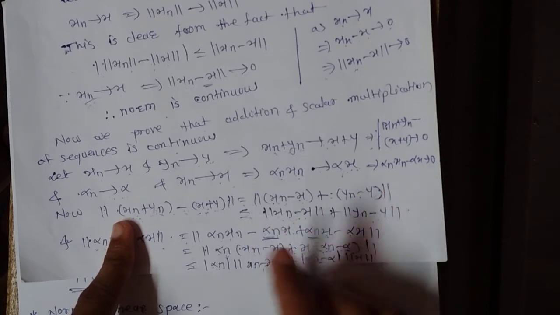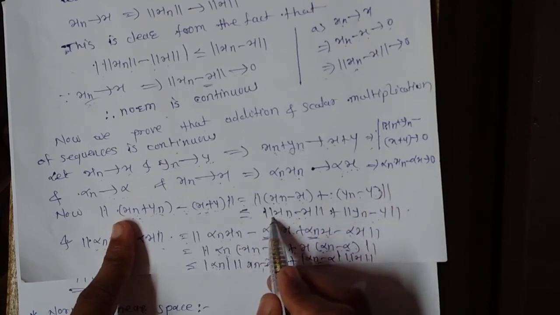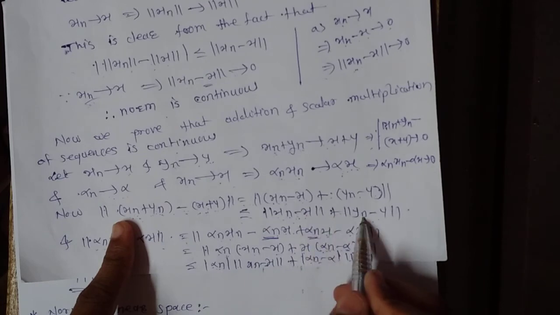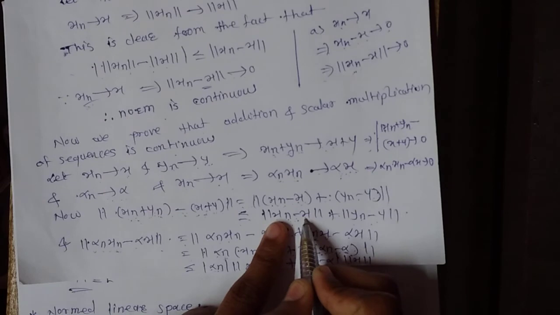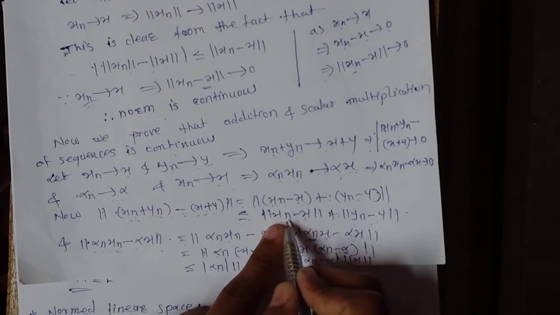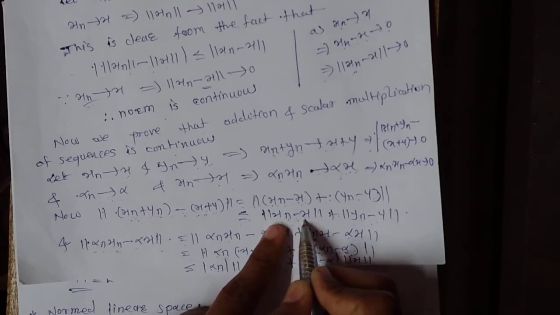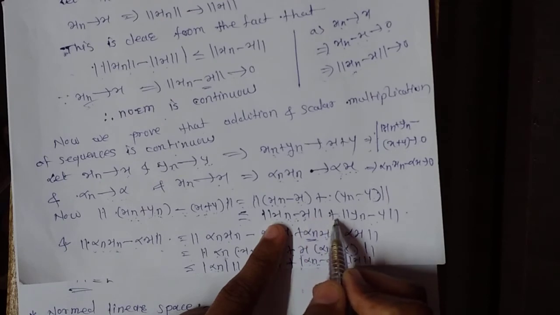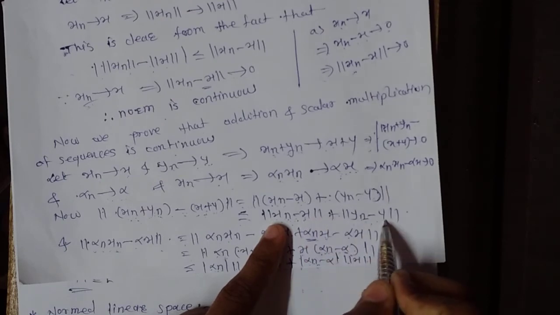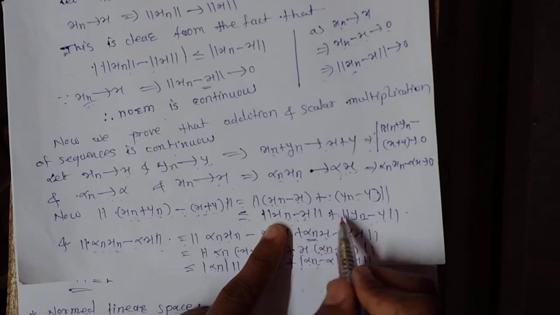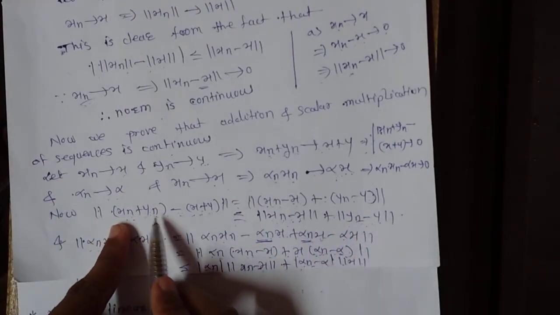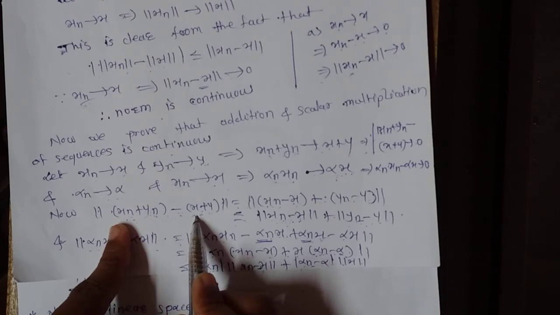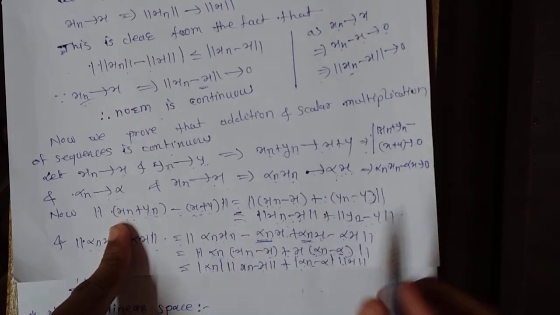After separation of the norm, we get norm of xn minus x plus norm of yn minus y. As xn tends to x, xn minus x tends to 0, and yn tends to y, therefore yn minus y tends to 0. These two sequences are convergent sequences, and therefore xn plus yn minus x plus y also tends to 0.